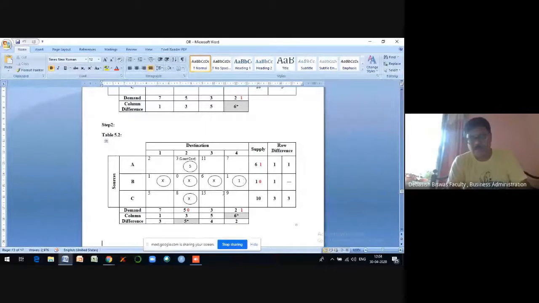So when we form the next table, we will not consider the second row, as well as the second column, because here the supply is 0 for this row, and here the demand is 0 for this column, right? So now we are moving to the next table.